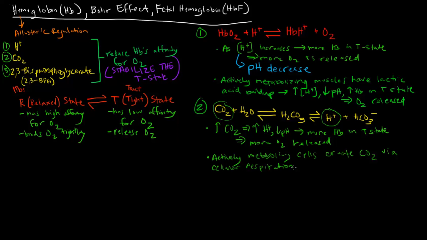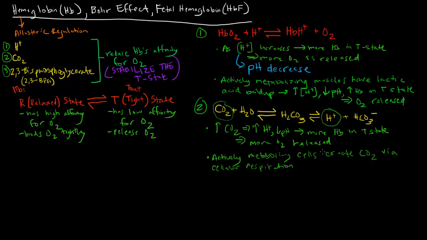But if you recall, we breathe in oxygen, and then when our cells use up oxygen, we breathe out carbon dioxide. Before we can breathe out that carbon dioxide, it exists in our tissues. So cells that are actively metabolizing oxygen are creating a bunch of CO2, right? So if we have actively metabolizing cells, we're going to have a lot of CO2. Then that's going to lead to a lot of H pluses, which is going to cause the oxygen to be released to those cells, and that makes perfect sense too, right?